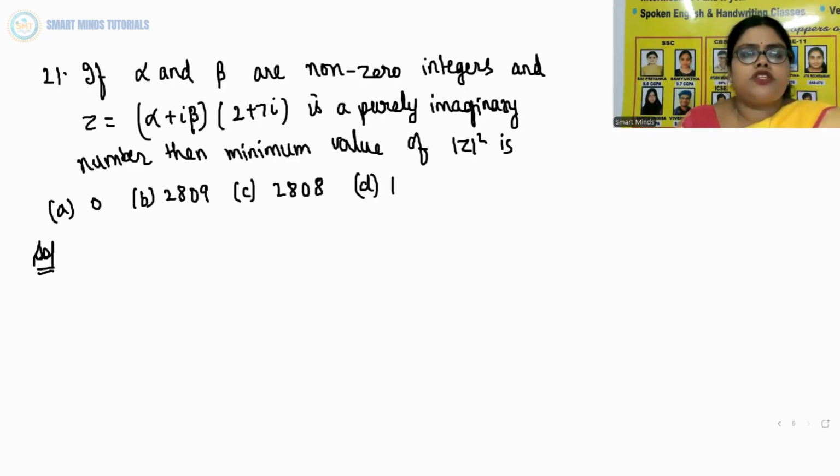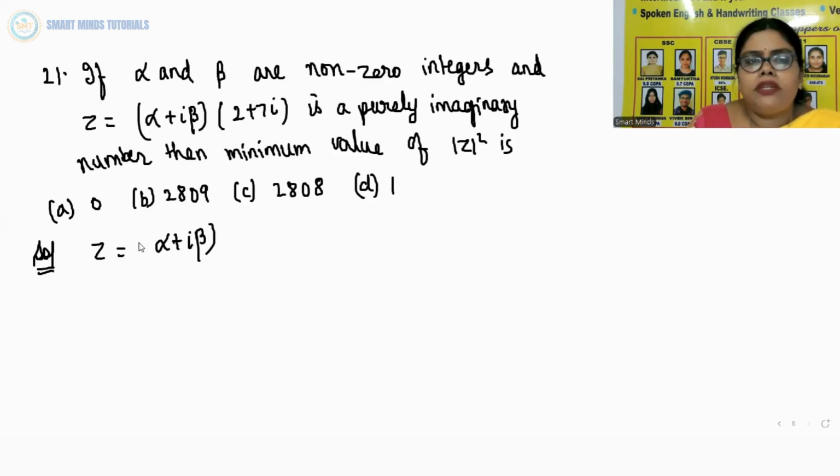So take this question. If alpha and beta are non-zero integers and z is equal to alpha plus i beta into 2 plus 7i is a purely imaginary number, then the minimum value of mod z square is. So first let us take z is equal to alpha plus i beta into 2 plus 7i.